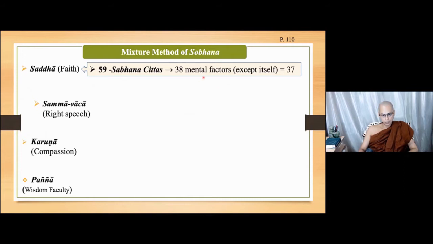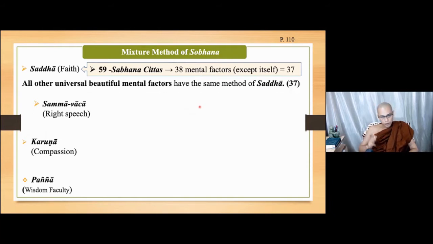So if we take out Saddha, 37. All other universal beautiful mental factors have the same method. So Sati is also the same, 59 consciousness and 37 mental factors, Hiri, Ottappa, the same, etc.